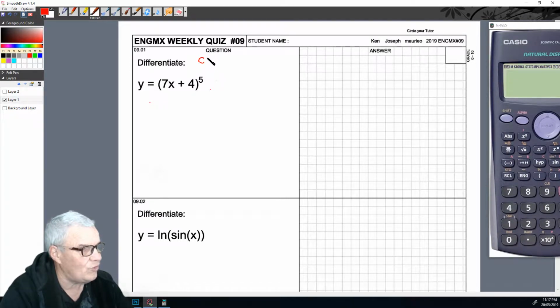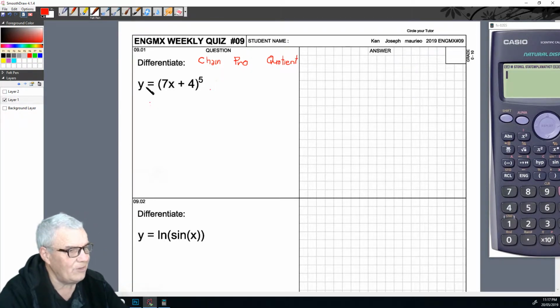We could just differentiate it straight away, but we can't do that. We can see it's quite complicated. So are we going to use the chain rule, the product rule, or the quotient rule? There are three rules recorded on our formula sheet.